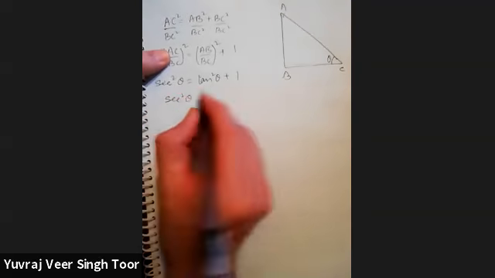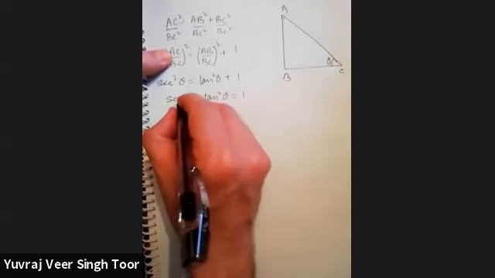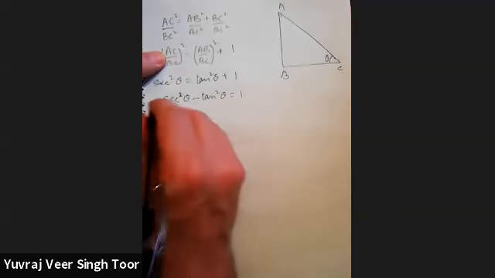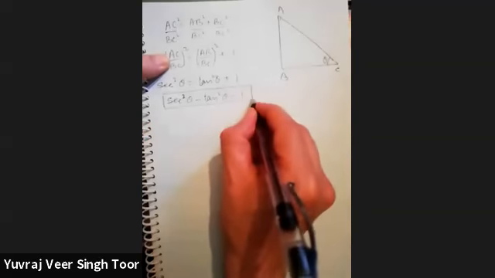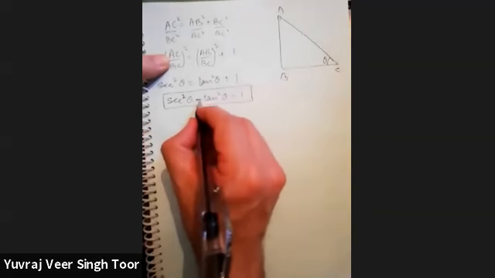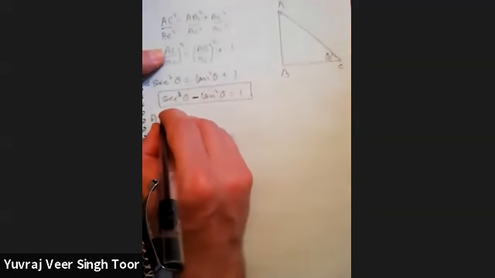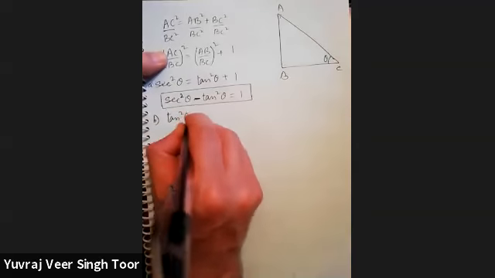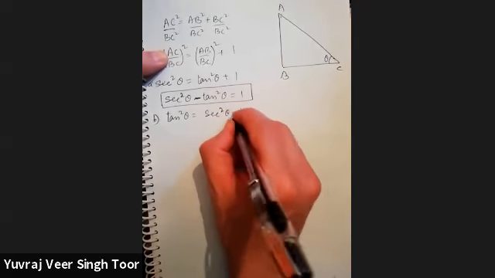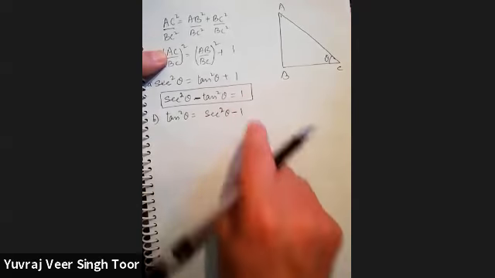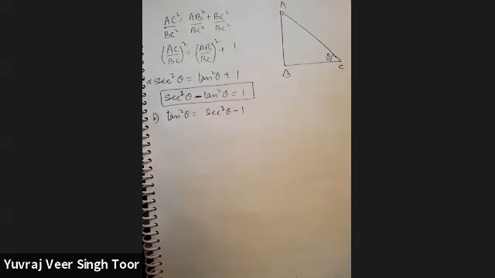Secant square theta minus tan square theta equals 1. So this is the identity number 3, which you have to remember, and transforming that you will get another 2. One is this, another is in terms of tan square theta. Generally, students make mistakes in this identity for transformation. They write 1 minus secant square theta. No, it is secant square theta minus 1.